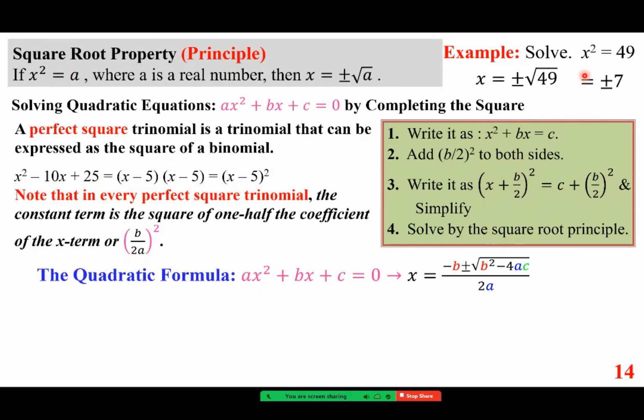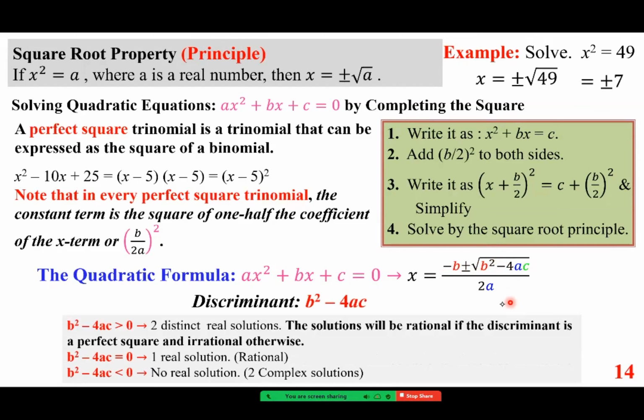Of course, the quadratic equation ax squared plus bx plus c is normally solved by the quadratic formula: x is negative b plus or minus the square root of b squared minus 4ac, over 2a. That's the method we normally use. And b squared minus 4ac is called the discriminant because it gives us tons of information. For example, if b squared minus 4ac is positive, we have two real solutions.